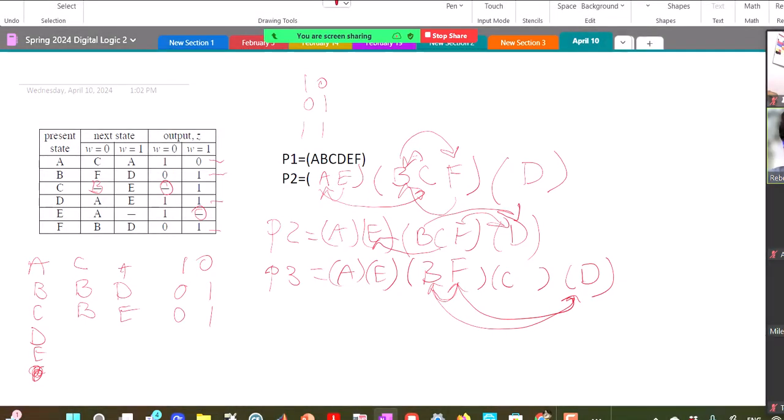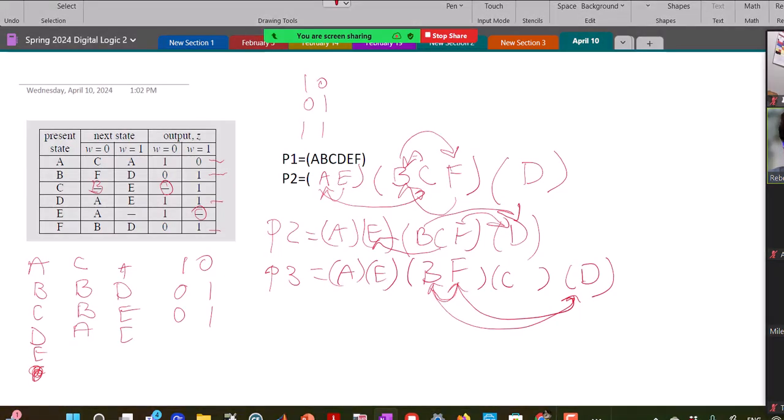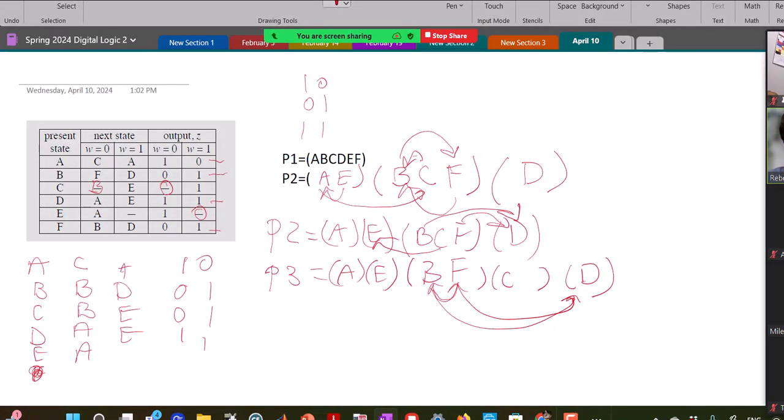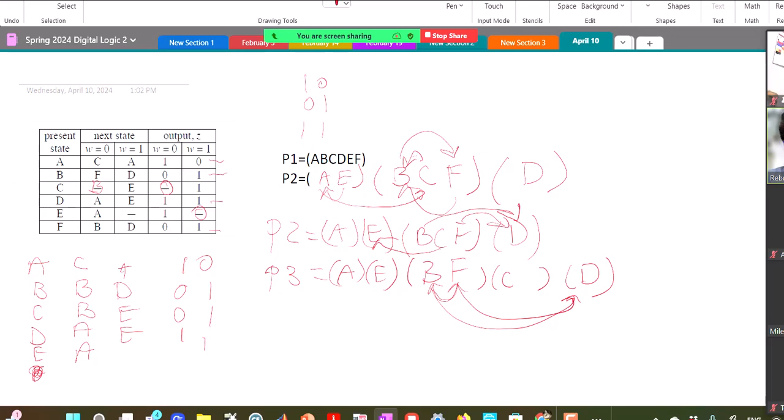Actually, for C, I'll put in B. D is A, E, 1, 1, and E is A. And did I ever say where this one went to? I didn't. I can just say A and 1, 0.